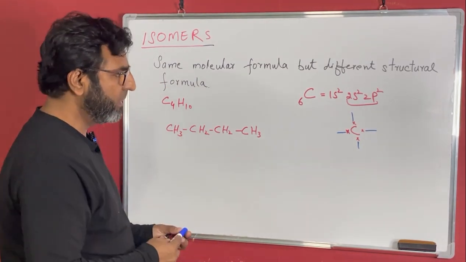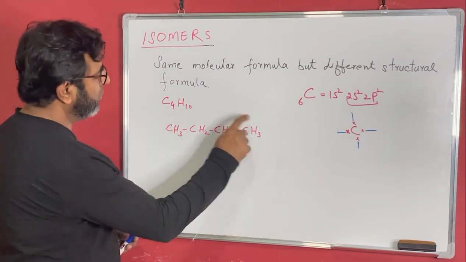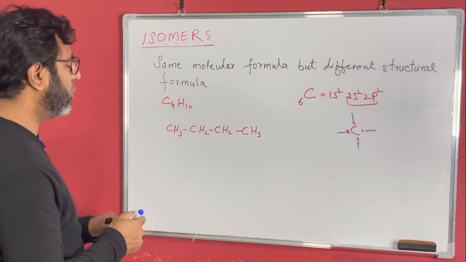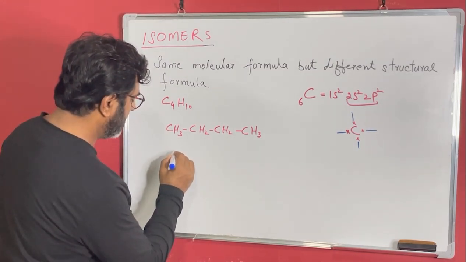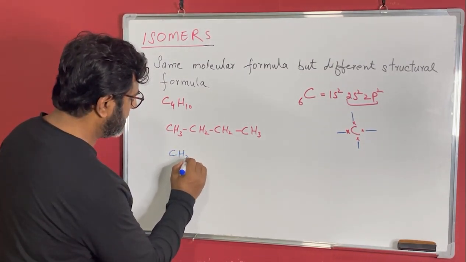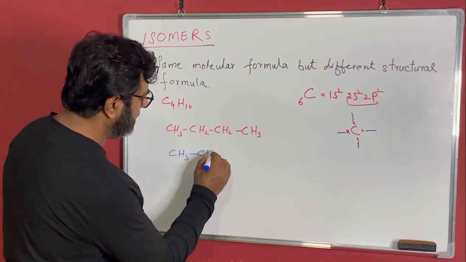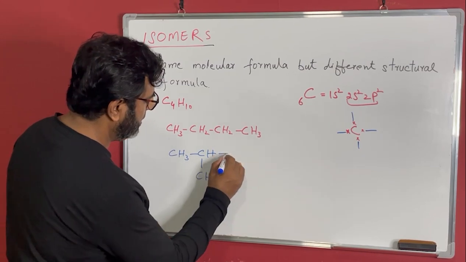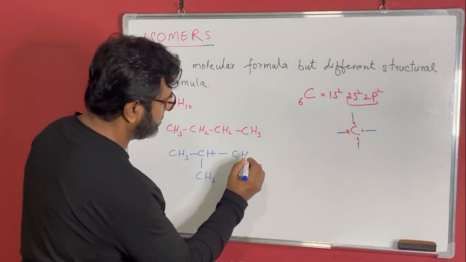Similarly for others. So C4H10 we can write in a straight chain and we can also write it in this form: CH3, CH, CH3, CH3.